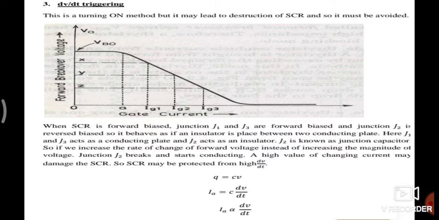That means J2 is known as a junction capacitor.